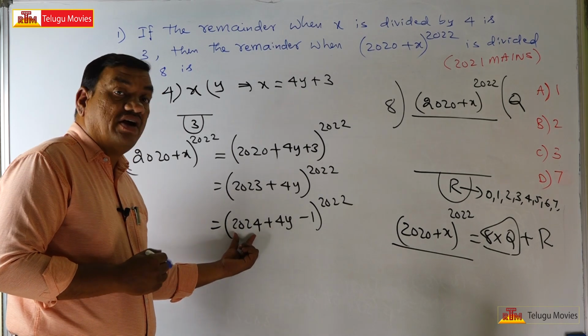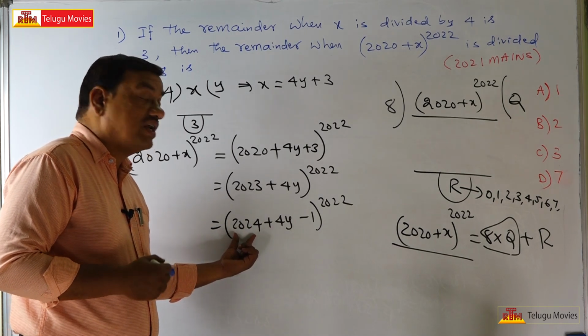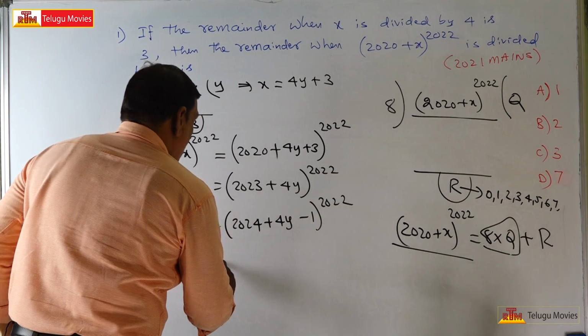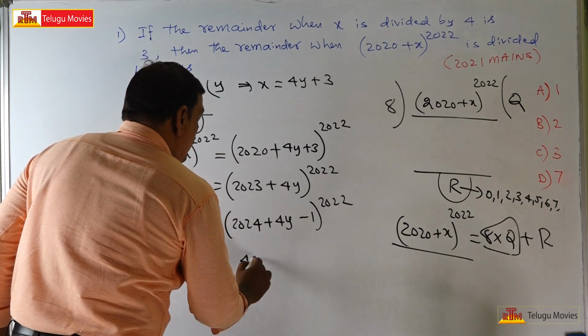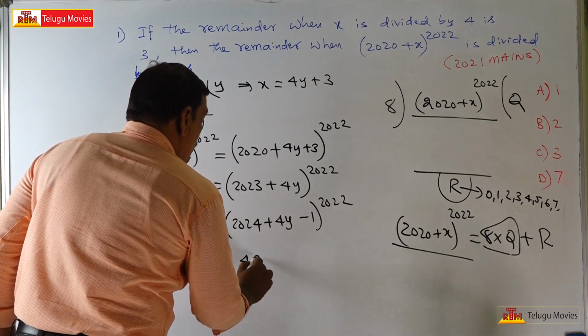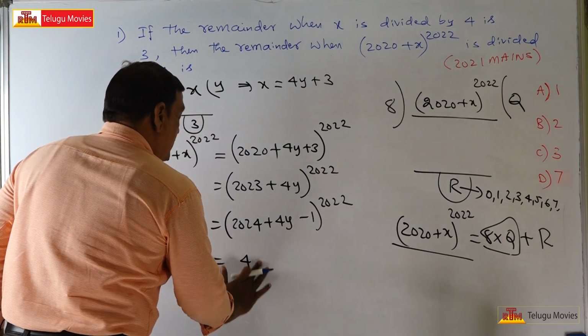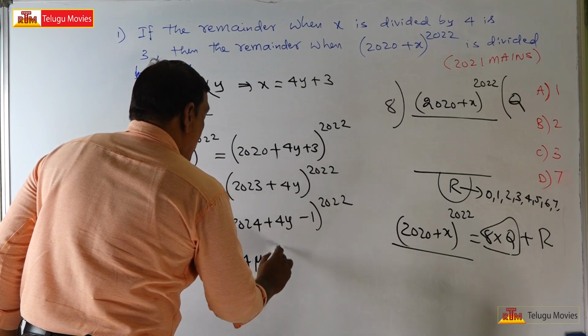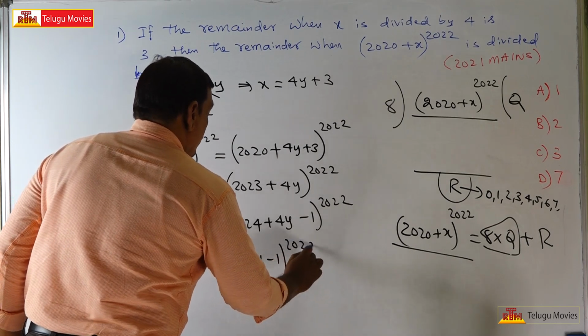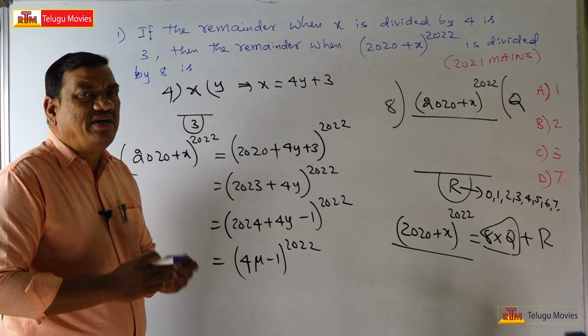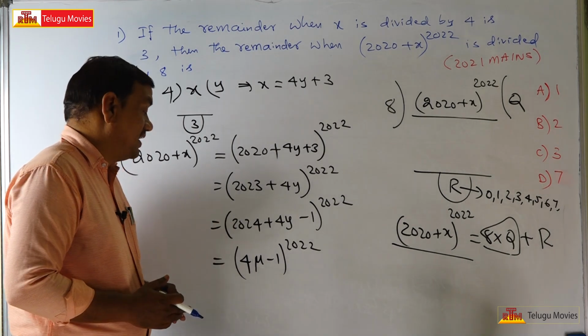If 2024 can be divided by 4, that means this can be written as 4 into something, call it 4 into mu, minus 1, whole to the power of 2022. 4 into some integer, right?